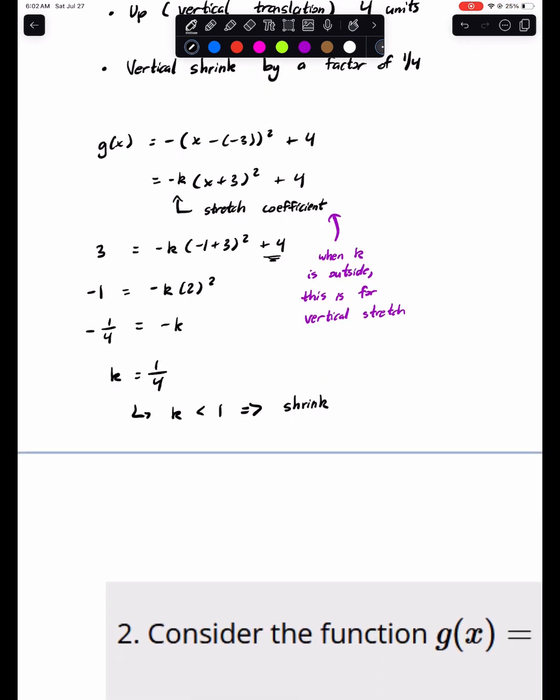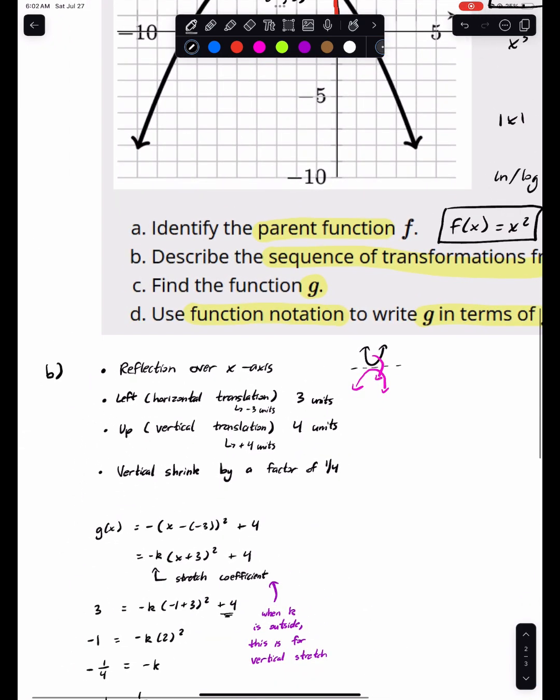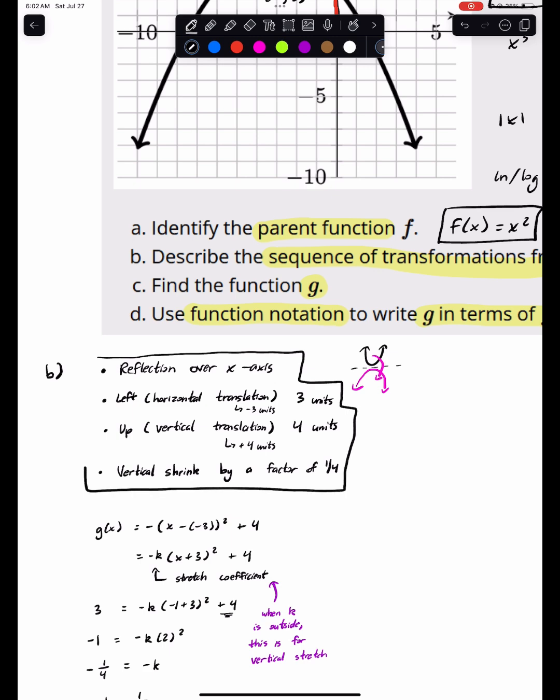Now, if k was greater than 1, you get a stretch. Okay, so this would be my answer for part B.